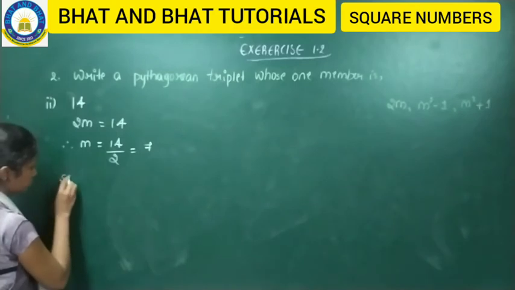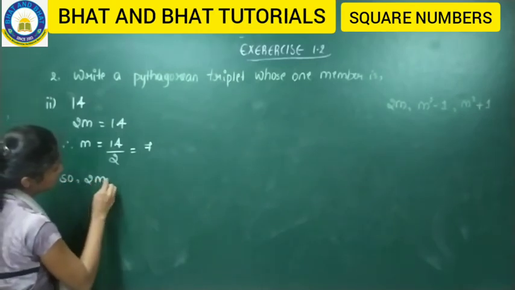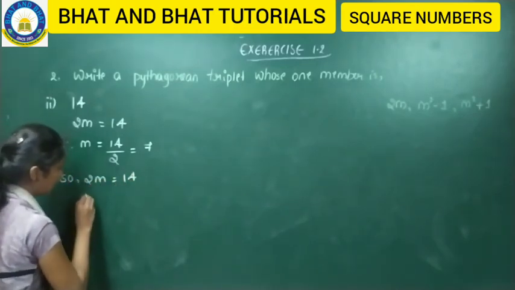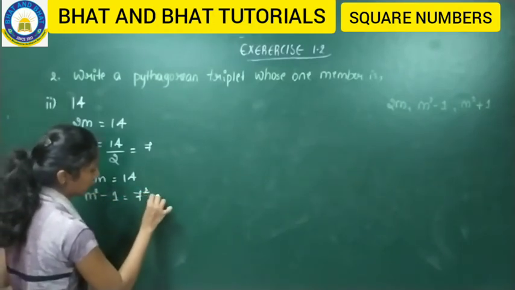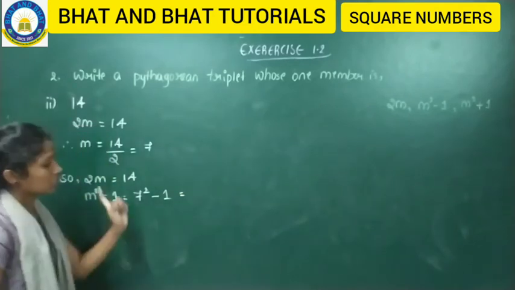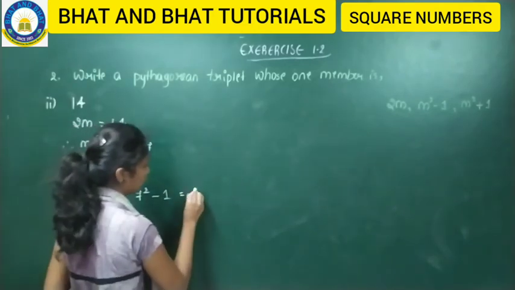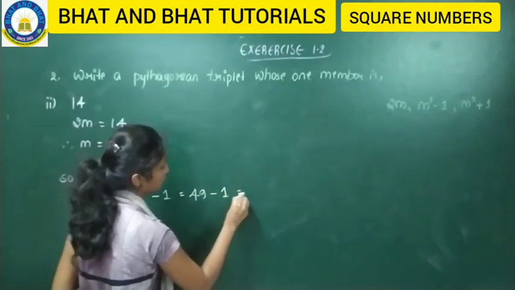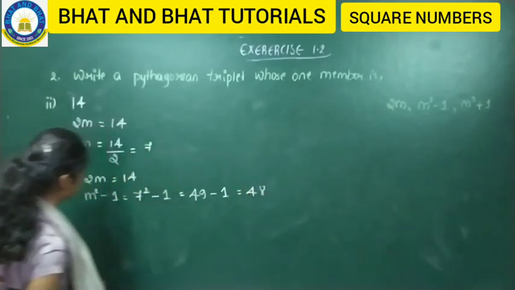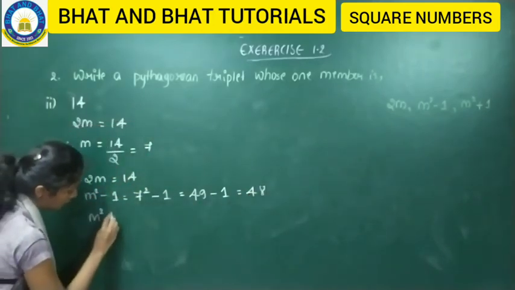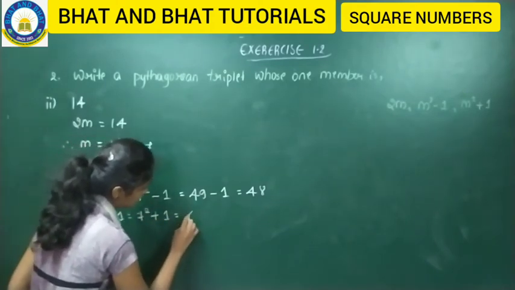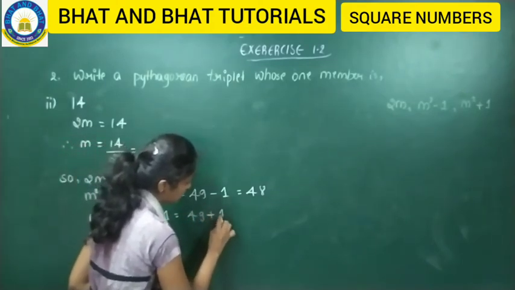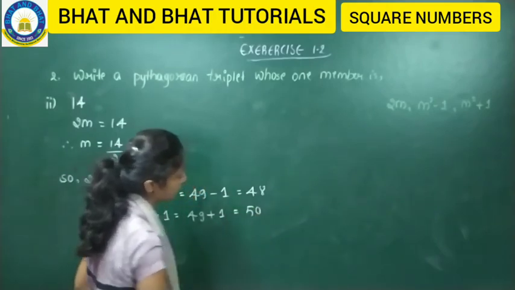So 2m is equal to 14. m square minus 1, m square is 7 square, right? 7 square minus 1. 7 sevens are 49 minus 1, 48, and m square plus 1, 7 square plus 1, 7 sevens are 49 plus 1, it is 50.